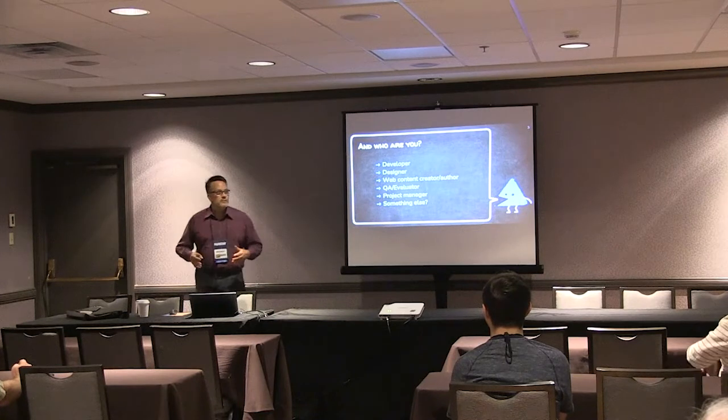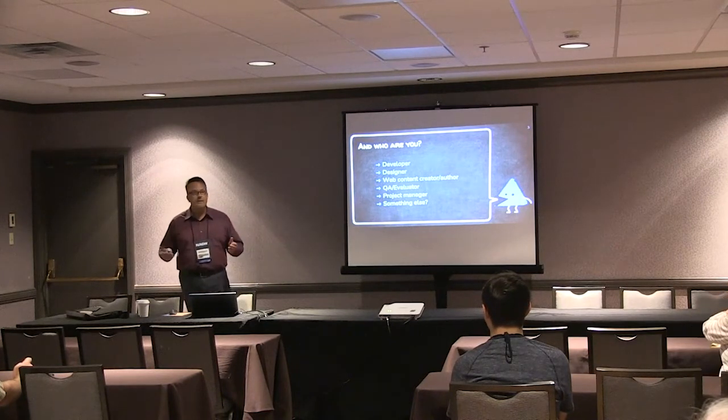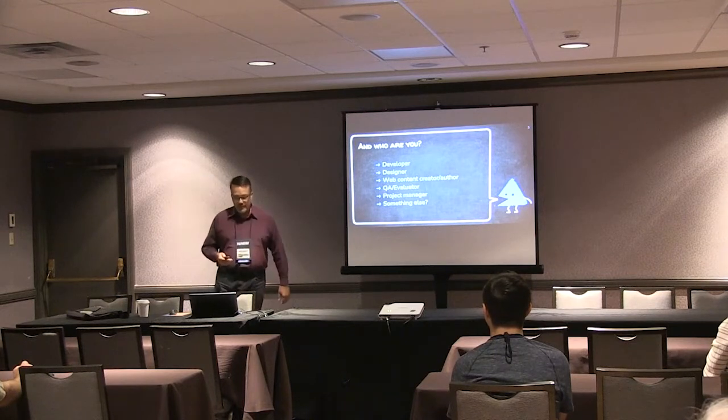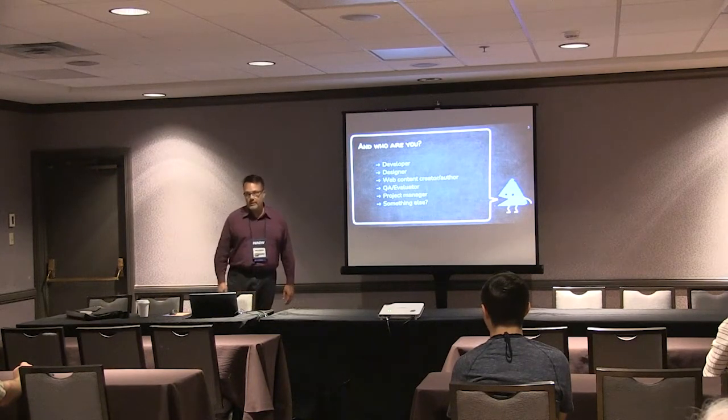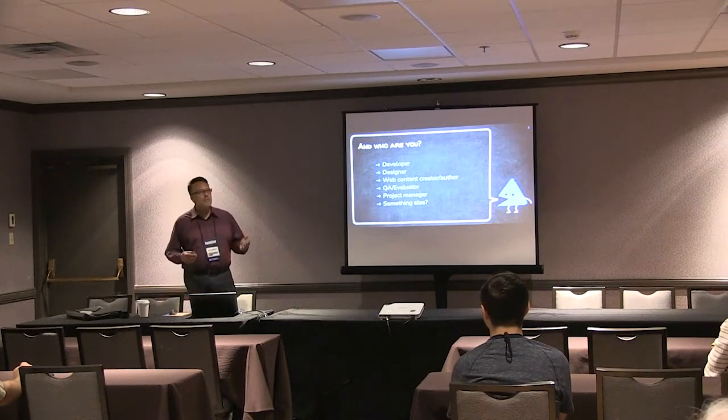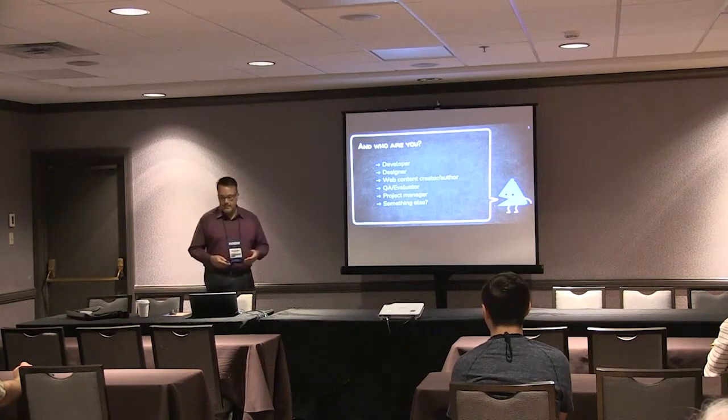QAs, evaluators, you have to be able to look at all those things and determine whether they're conformant, user-friendly, etc. As a project manager, again, you have to have that overall view to make sure that project is moving in an accessible direction. So it hits all of us in different ways, but how do we measure accessibility?